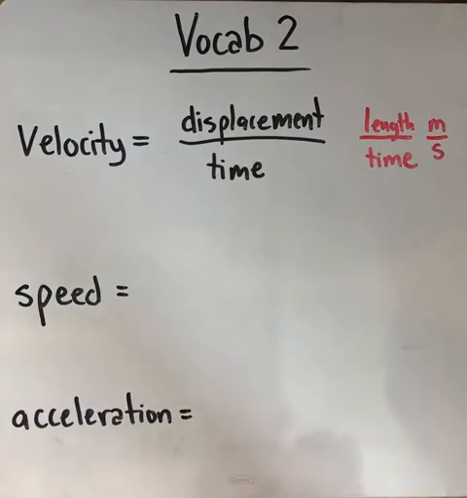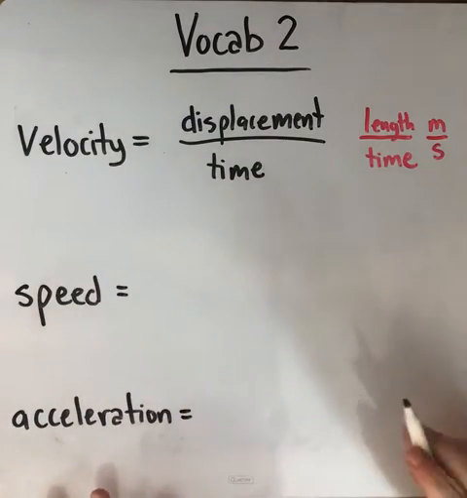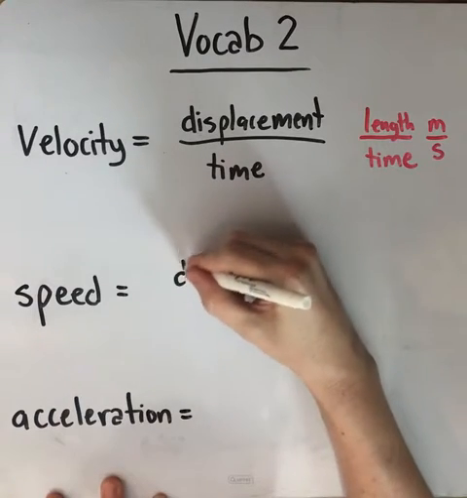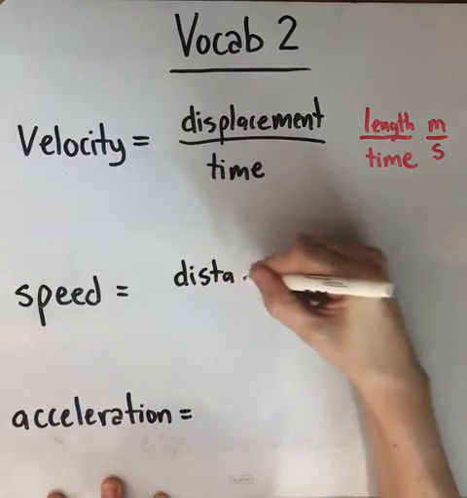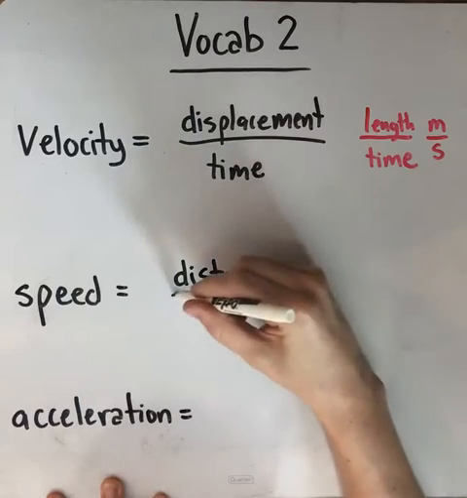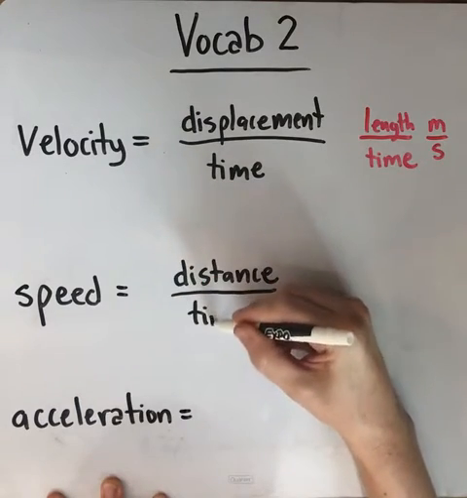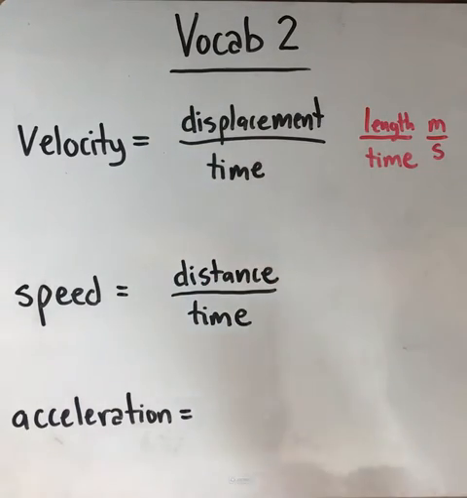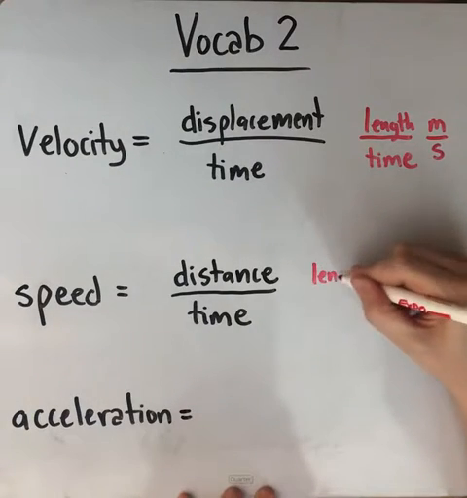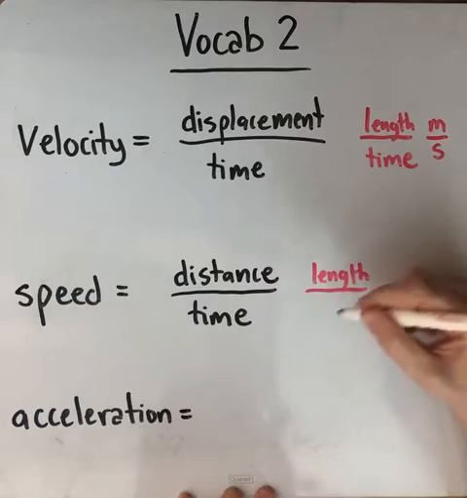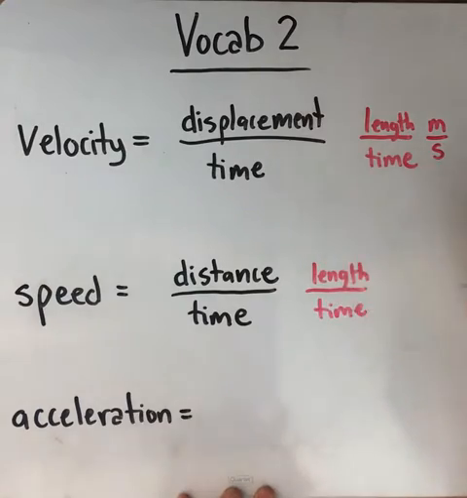Speed follows a similar formula, except the word that I write on top is distance divided by time. Notice I will get the same units. This still gives me length divided by time.